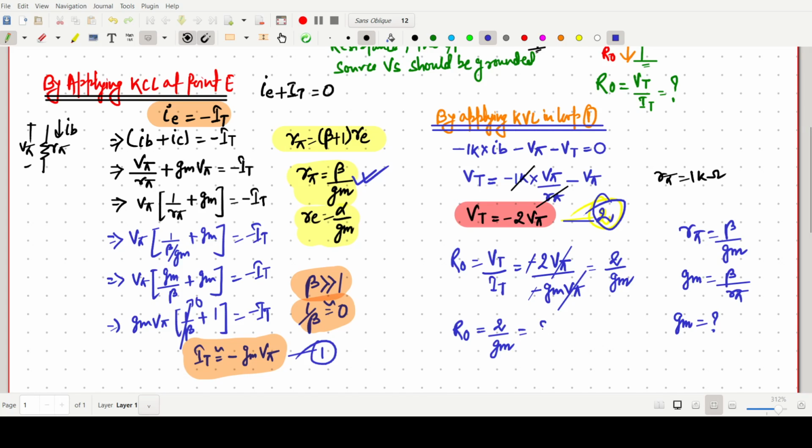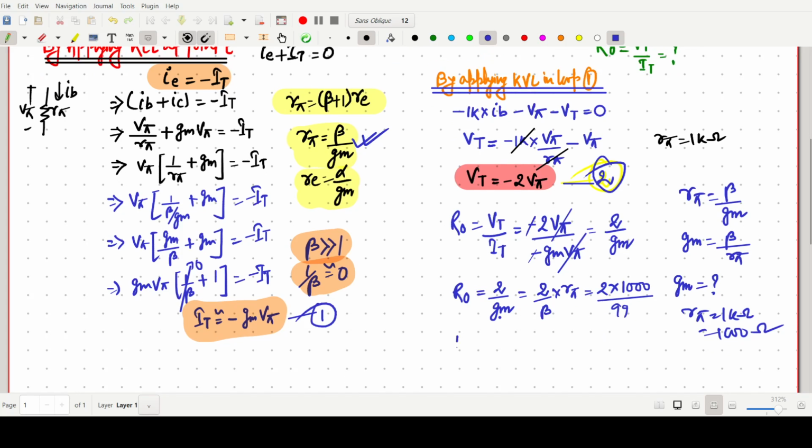So R naught is 2 into 1 kilo ohm, R pi is given as 1 kilo ohm, that is 1000 ohm, divided by 99.